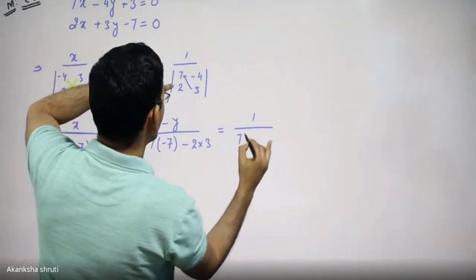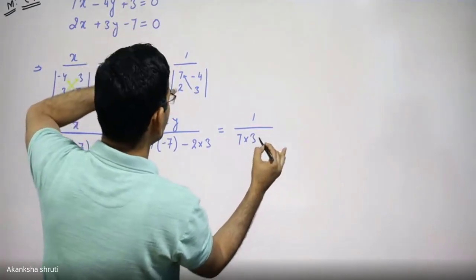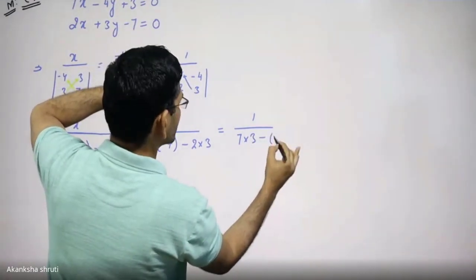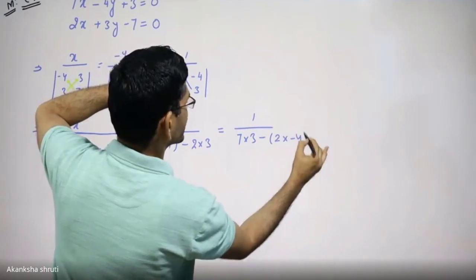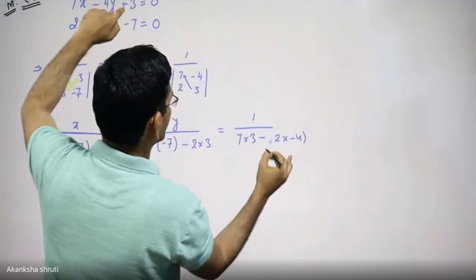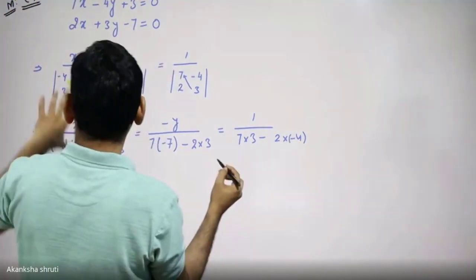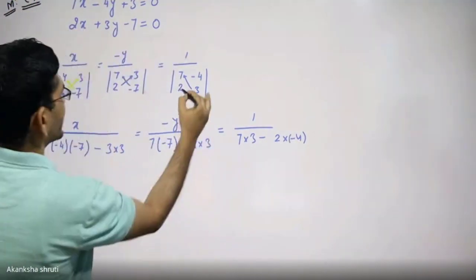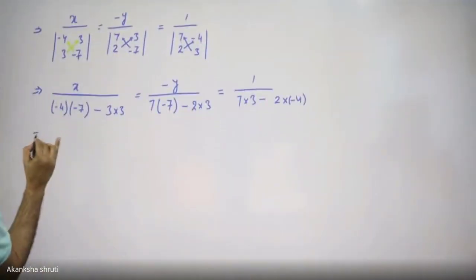We may write 7 into 3 or 3 into 7, they mean the same thing. Minus this is our 2 into minus of 4. So this way we have understood what this array means.